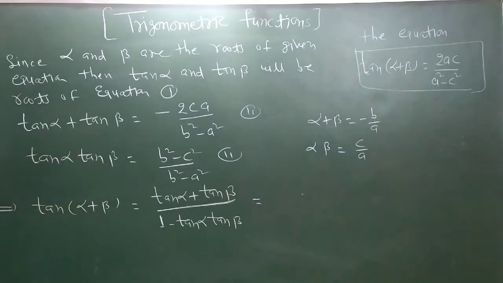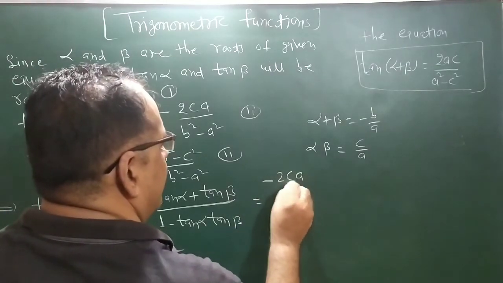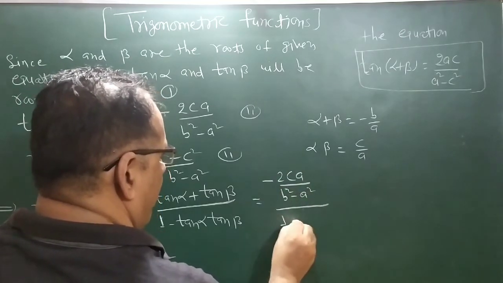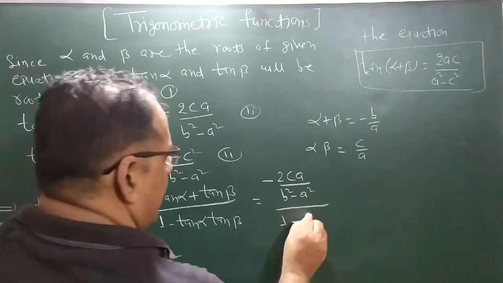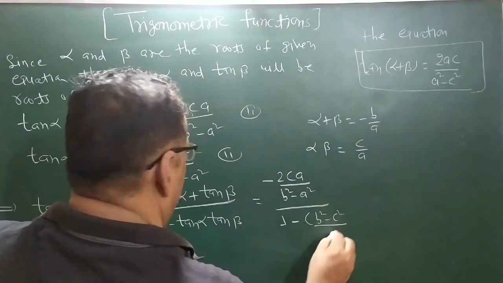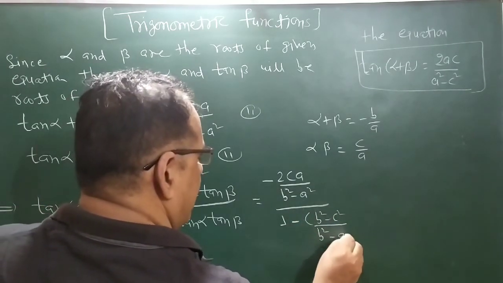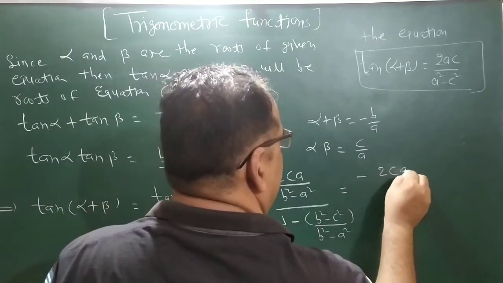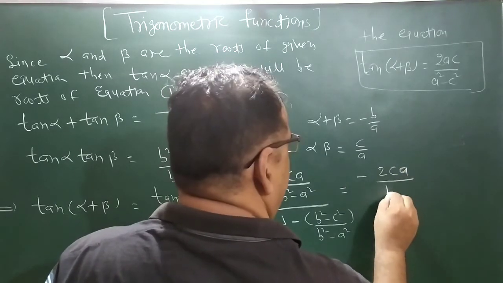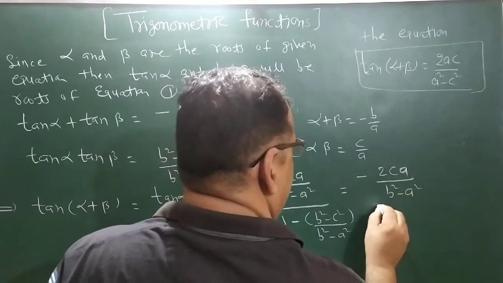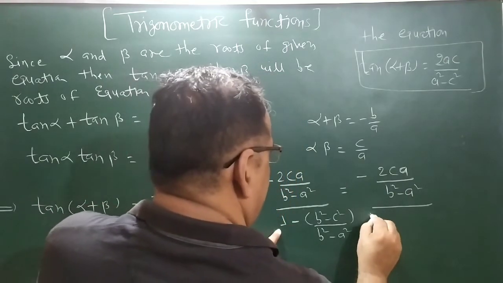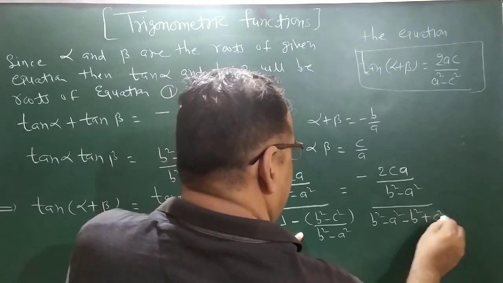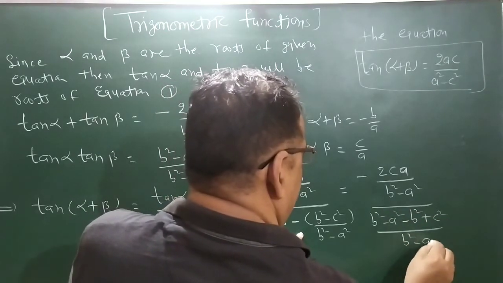Now tan alpha plus tan beta is minus 2ca upon b square minus a square, upon 1 minus tan alpha tan beta, which means b square minus c square upon b square minus a square. So now take LCM in the denominator. Numerator is the same, 2ca upon b square minus a square, upon, after LCM, the denominator becomes b square minus a square minus b square plus c square upon b square minus a square.